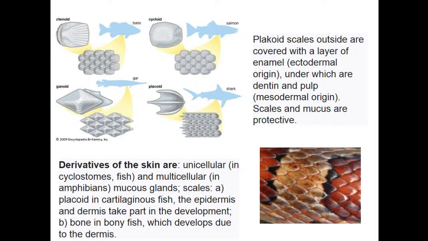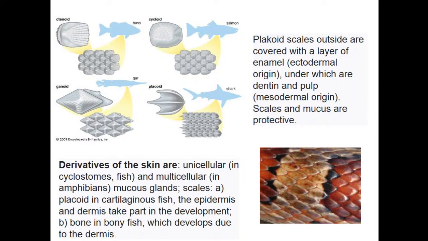Derivatives of the skin are unicellular in cyclostomes and fish, and multicellular mucous glands in amphibians. Scales are placoid in cartilaginous fish.